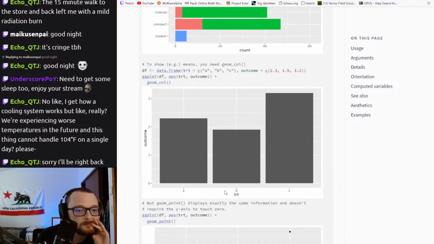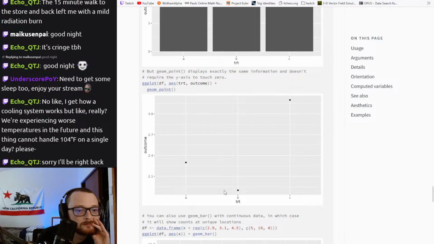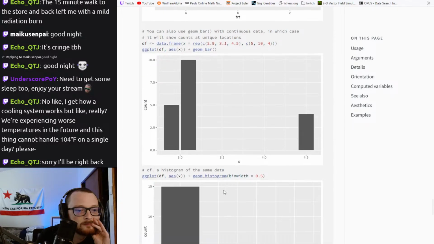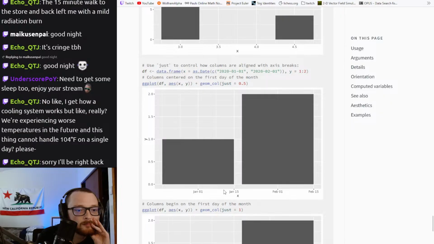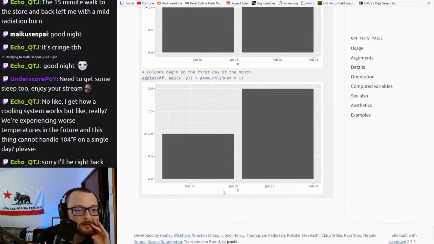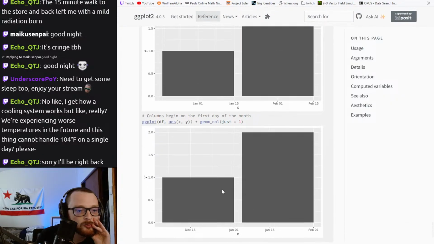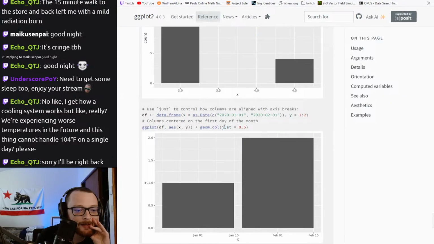Yeah, I don't think there's a big difference between geom_bar and geom_col. Not that I can tell, at least.